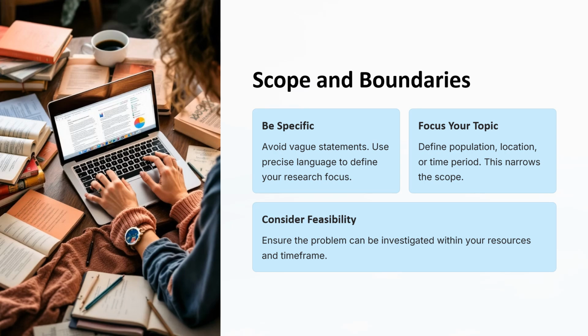Who are the people affected? The location, the time period. You narrow down your scope, because if it is too wide, then it may not be researchable, it may not be feasible enough to conduct research on, and ensure that the problem can be investigated within your resources and your time frame.